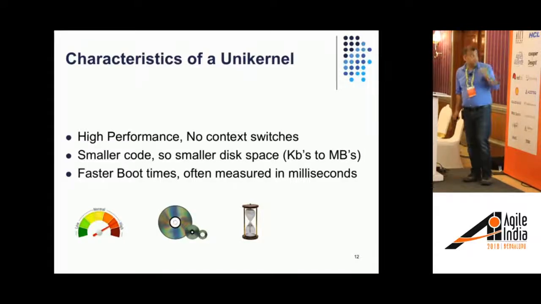They're also a lot smaller because you don't have a large overhead of OS code. In fact, there have been cases where unikernels are just KBs. If you tell somebody KBs, they'll be like, are you kidding me? But for microservices you're only handling one or two endpoints, so you don't need a lot of code. Unikernels tend to be very, very small.